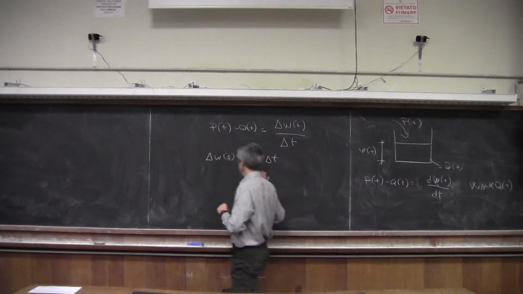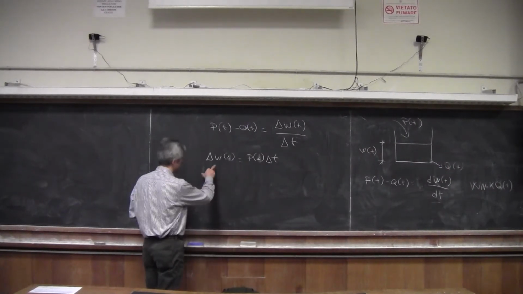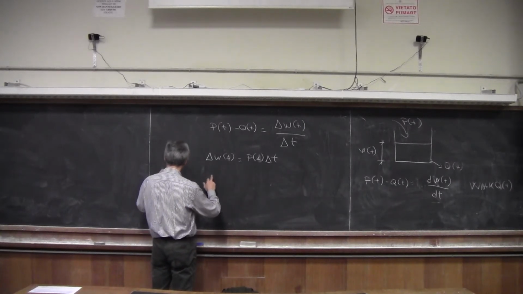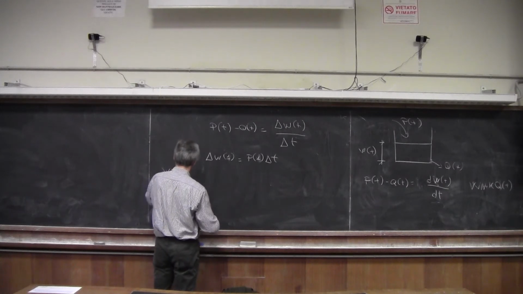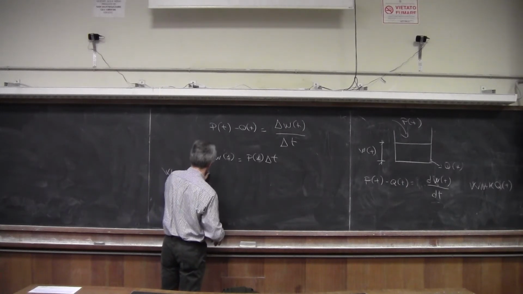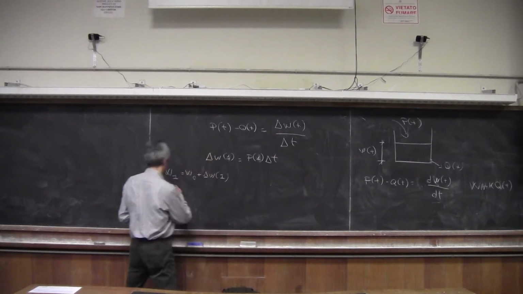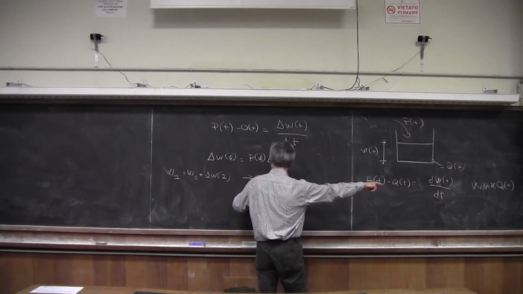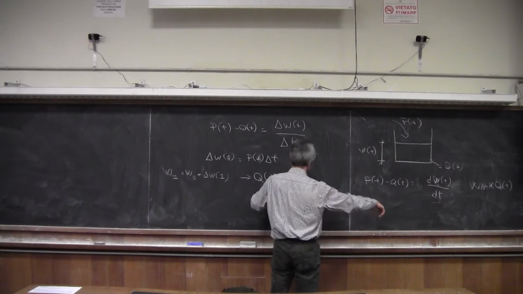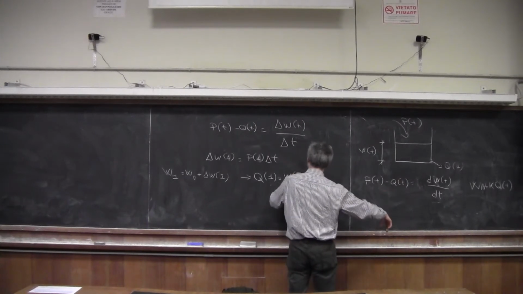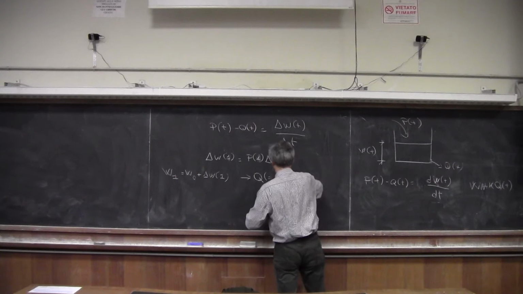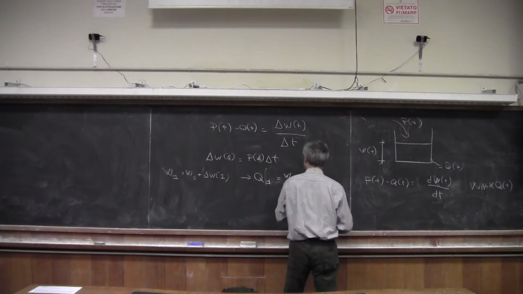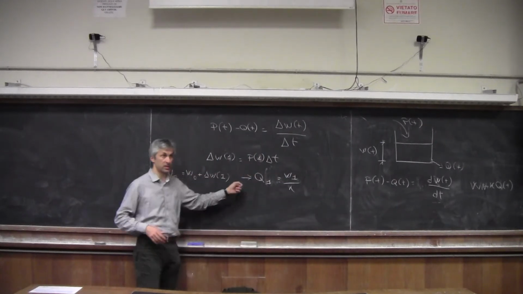Given that delta W is this, and therefore given that W1 is equal to W0 plus delta W1, I get an estimate of W1, and then I can get an estimate of Q1, which is, sorry, let me use the subscript, equal to W1 divided by K. That's true, I can get this estimate.